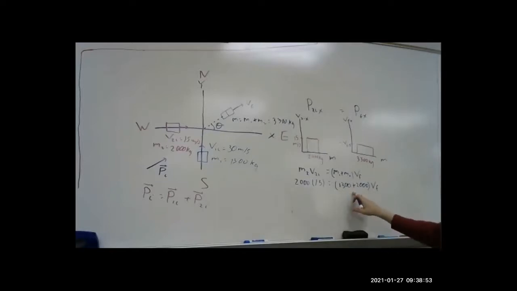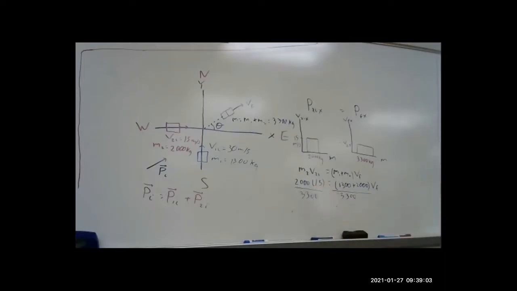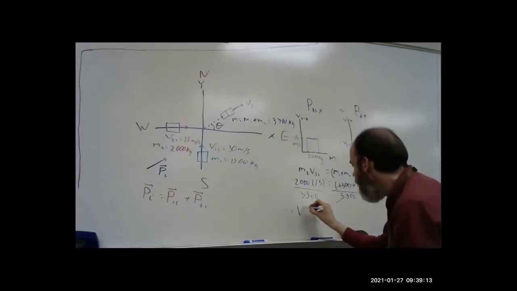So this thing here is 3,300. So we should just divide by 3,300 on both sides, and then these are going to cancel. So we get V final is 2,000 times 15 over 3,300.